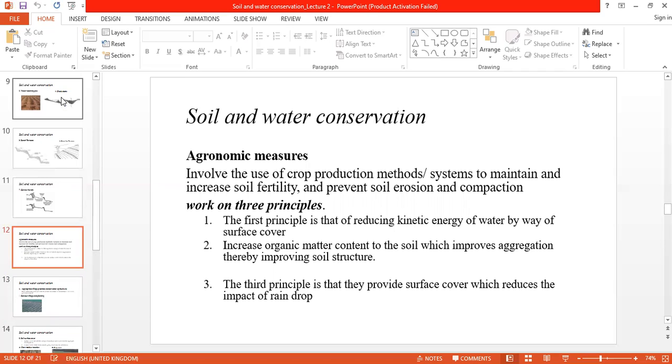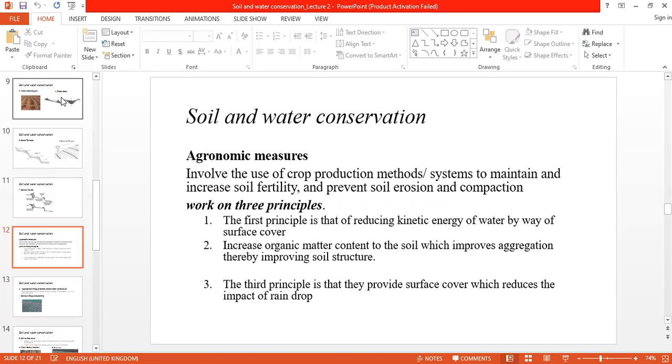Mostly the agronomic measures are going to influence the C factor, because they are agronomic in nature, practices which involve crop production.